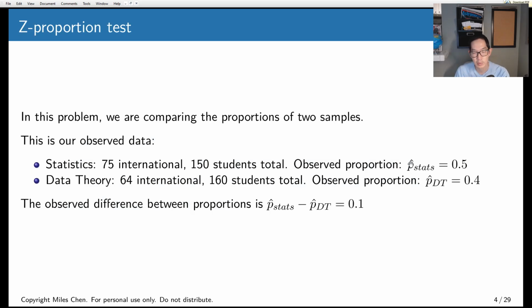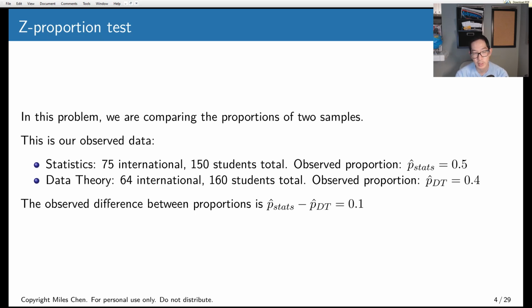So the traditional way we would run a test like this would be to do a z proportion test. So we would calculate proportions. Another way would be a chi-squared test, but mathematically they're actually equivalent. But anyway, for the stats and data science majors, we had 75 international students out of 150 students total, so our proportion is 75 divided by 150, or 0.5.